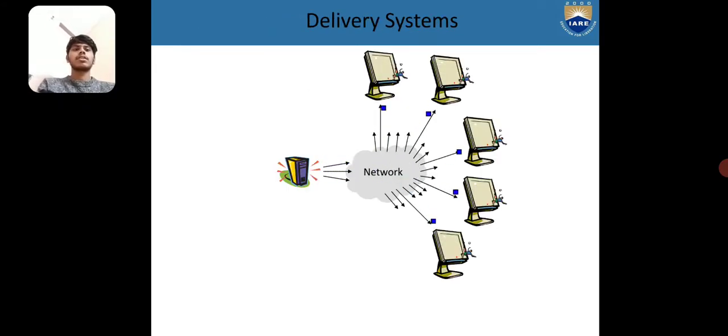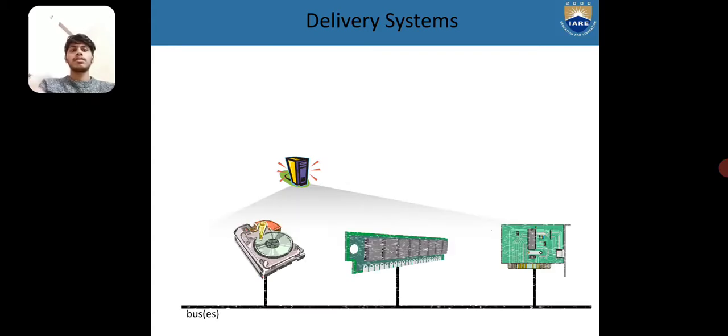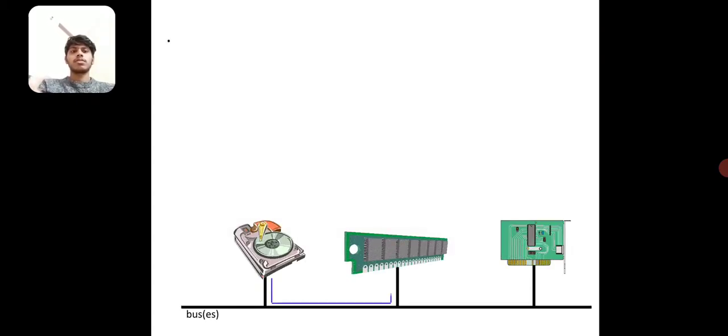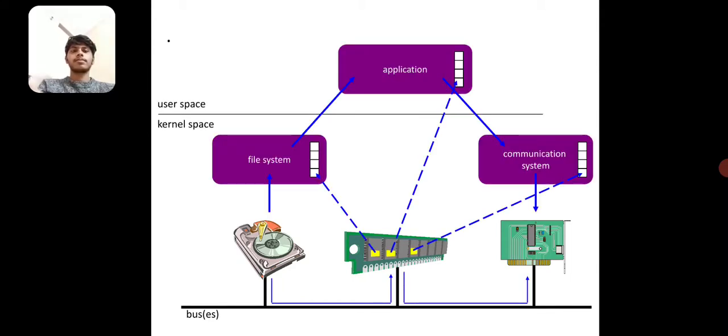So this is a delivery system from the server to the system's network. From the application, from the client, files are taken from that application and communication systems.